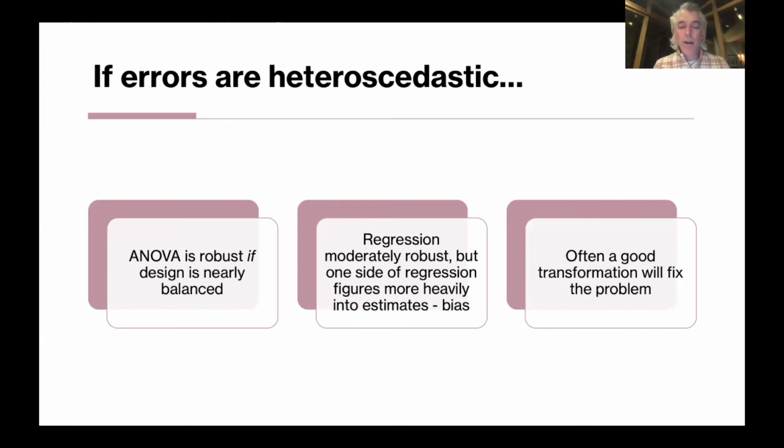That is, that we have a roughly equal sample size in each of the different levels of our categorical predictor. In the case of continuous predictors, regression type models are reasonably robust, but what it tells us is that one side of the regression is figuring more heavily into our estimates than the other end of the regression. And so we might get some bias in our parameter estimates.